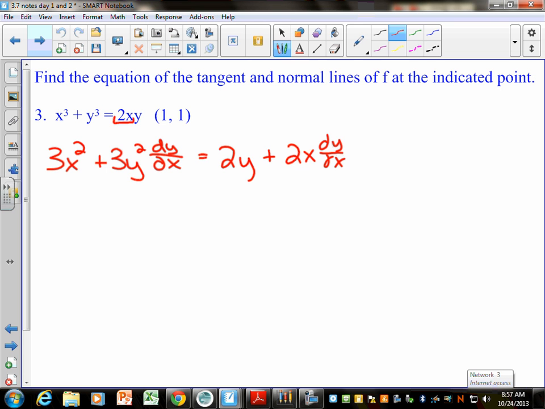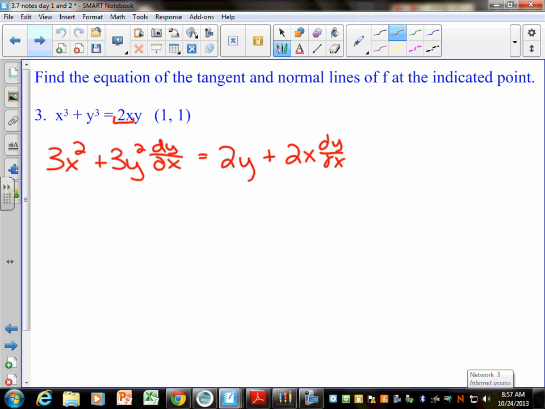Sometimes your answers might differ a little bit in terms of negatives, but it should work out that if you factor out a negative, you could make it match what the back of the book has, because it depends on which way you do this. Like for me, I always take my dy/dx terms and move them over here, and move the other numbers to the other side. If you subtract this over here, your signs are going to be opposite of mine, but it would still work out. But I kind of just do this all at once, and you tell me if this makes sense to you.